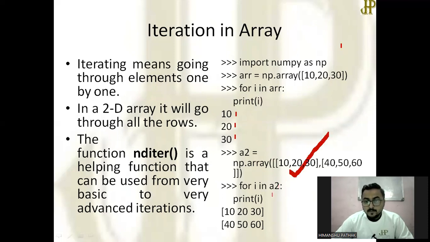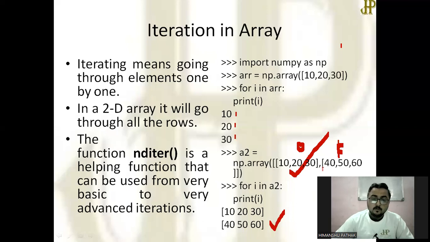So in this, if I'm going to print, it will not print 10, then 20, then 30, then 40. It will print the 0th row as a whole and the 1st row as a whole, like this. Clear?